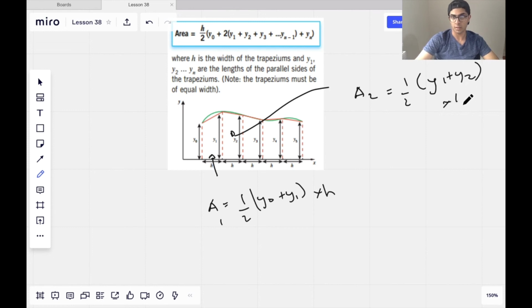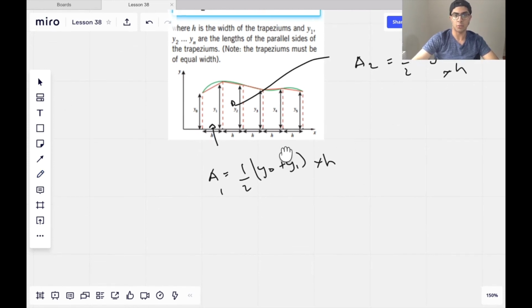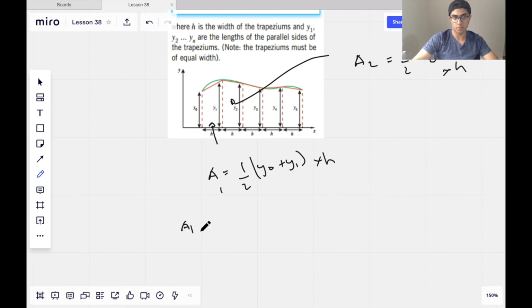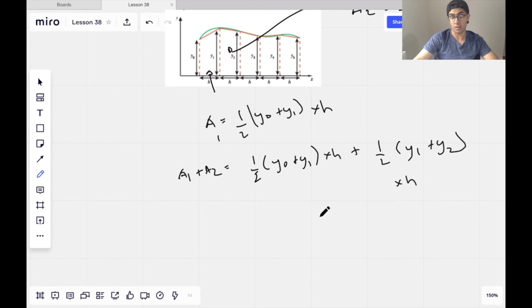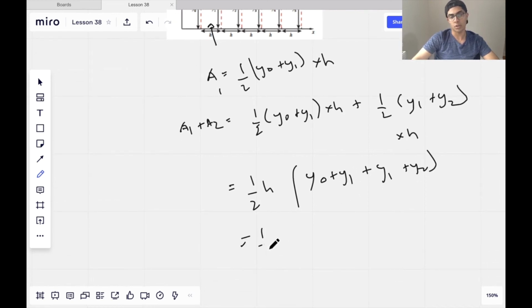If you add a1 plus a2 up, you get a half (y0 plus y1) times by h plus a half (y1 plus y2) times by h. Let's factorize out the half times h, which equals a half h into (y0 plus y1 plus y1 plus y2), which comes out to half h (y0 plus 2y1 plus y2).